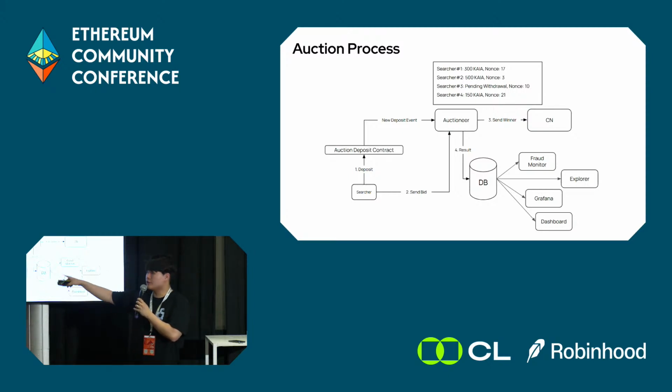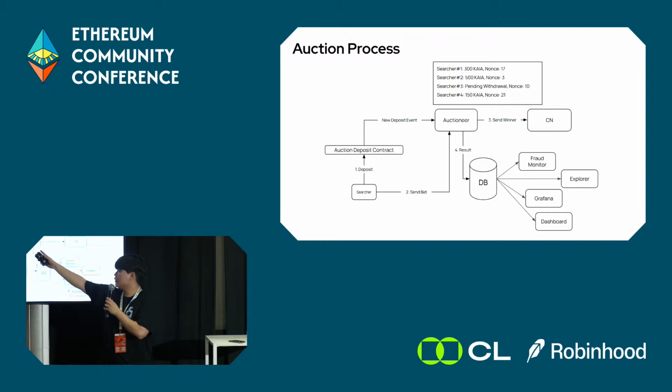First of all, the searcher needs to deposit some Kaia, which is the native token on the Kaia network, to the auction deposit contract, and the auctioneer will detect the new deposit event and register the searcher's address as a valid searcher. Once the registration is done, the searcher can send bids, and once selected as the winner, the winning bid is sent to the network.